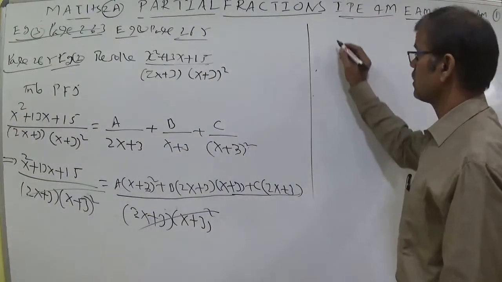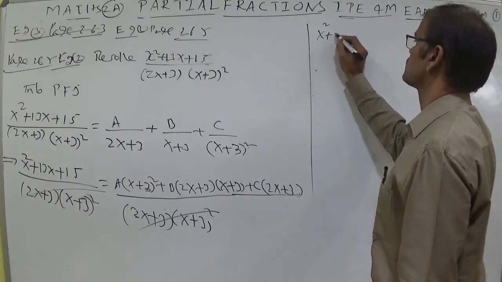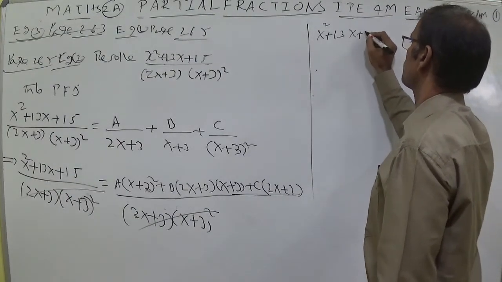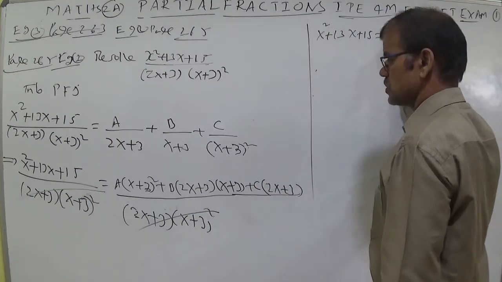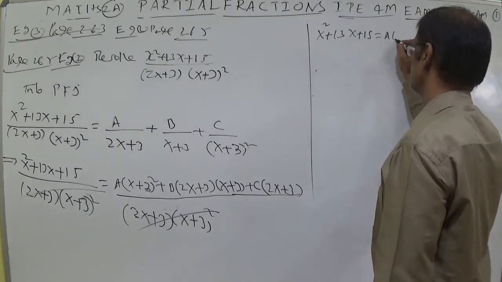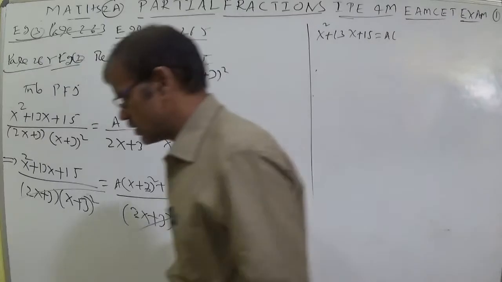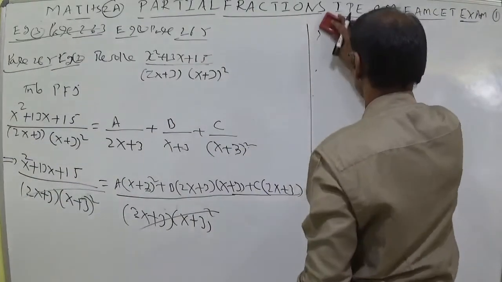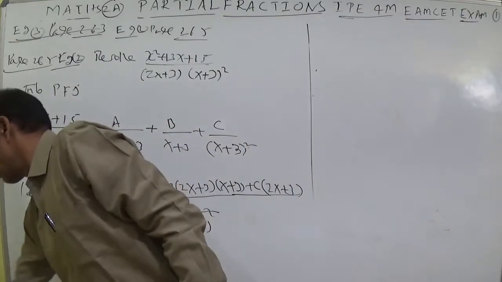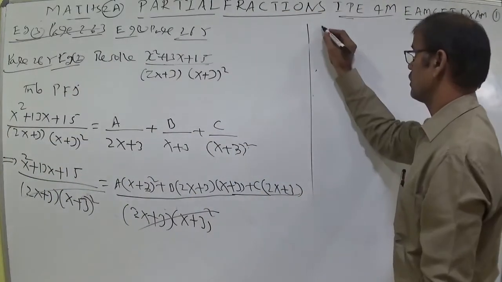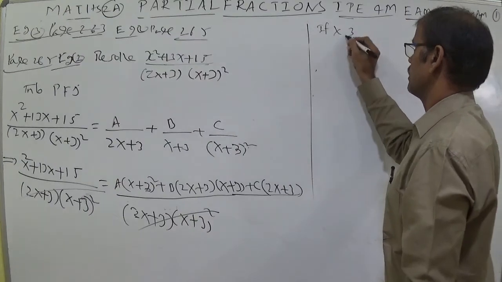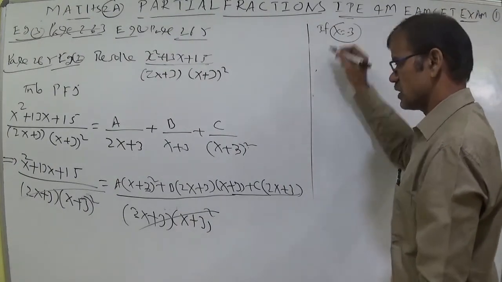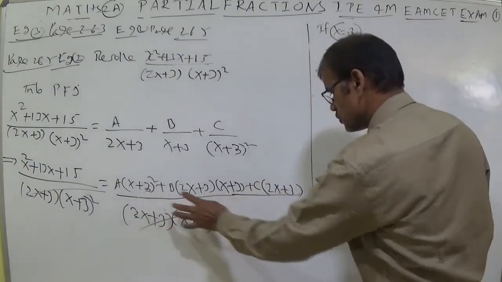You can write x² + 13x + 15 = A(x + 3)² + B(2x + 3)(x + 3) + C(2x + 3). No need to expand, directly substitute values, using the zeros of the polynomial. If I write x = -3, this becomes 0, this becomes 0.